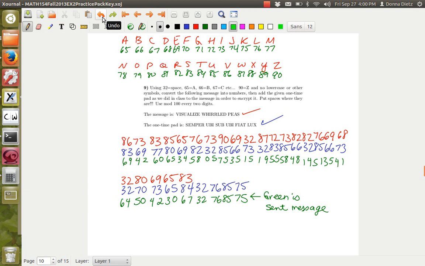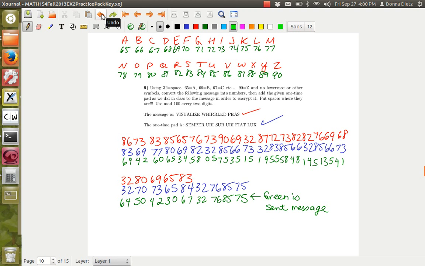Here's another clue. If you see a 32, that means there was a space in the pad, but the original message had ended. So this is not a real one-time pad. That's not really how you do it. But it does demonstrate some of the weaknesses inherent in the system.